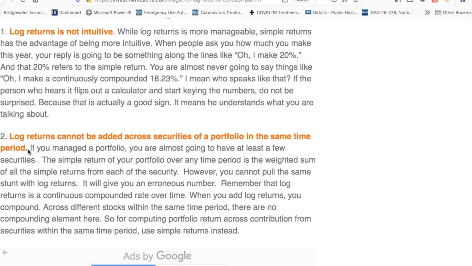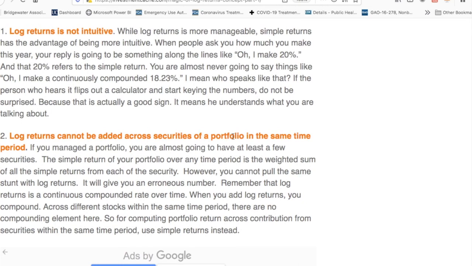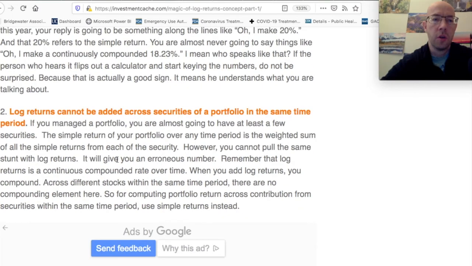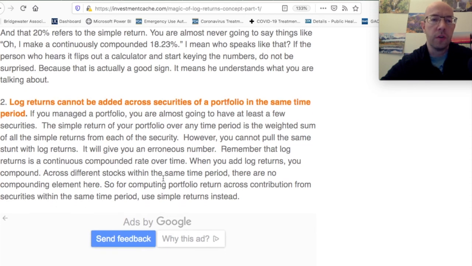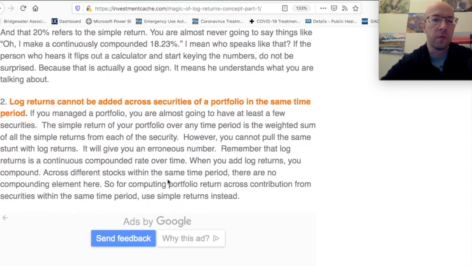The other bad thing about log returns is they cannot be added across securities of a portfolio. If you manage a portfolio, you're almost going to have at least a few securities. The simple return of your portfolio over any time period is the weighted sum of all the simple returns from each of the securities. However, you cannot pull the same stunt with log returns. It will give you an erroneous number. Remember that log returns is a continuously compounded rate over time.